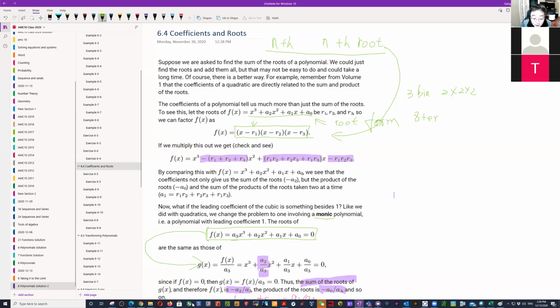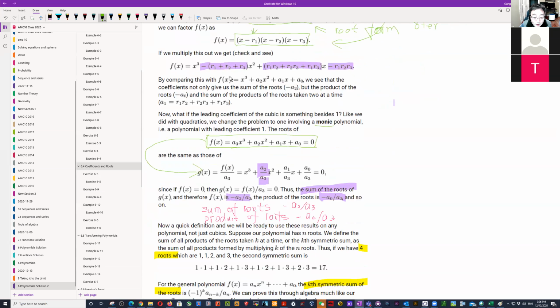So when you expand this product, you get this formula. From the more generic non-monic form, each coefficient is the result of, for example, a2 divided by a3, where a3 is the leading term.